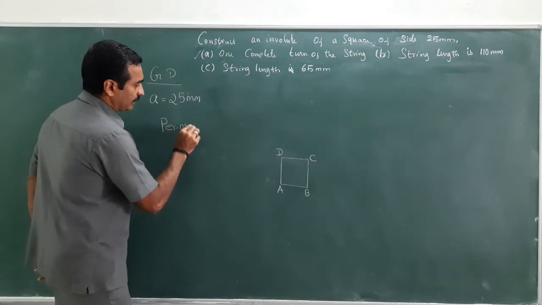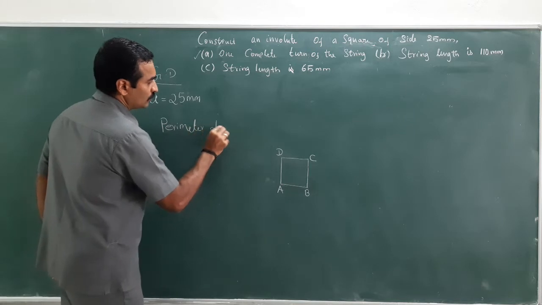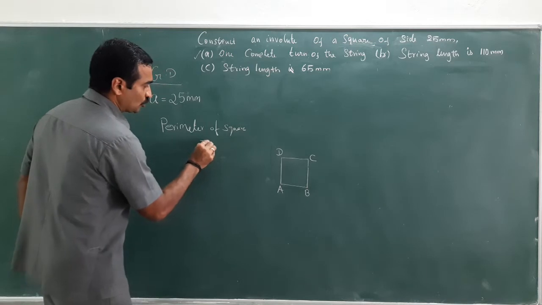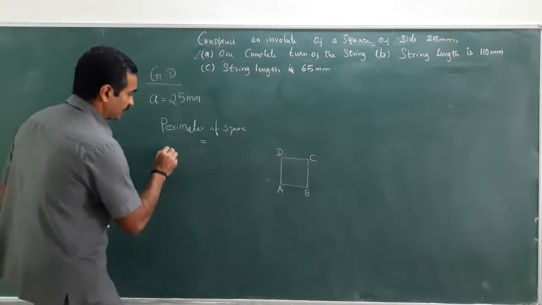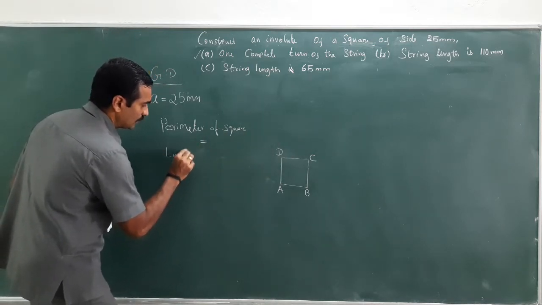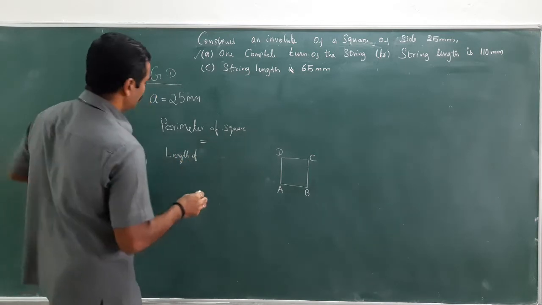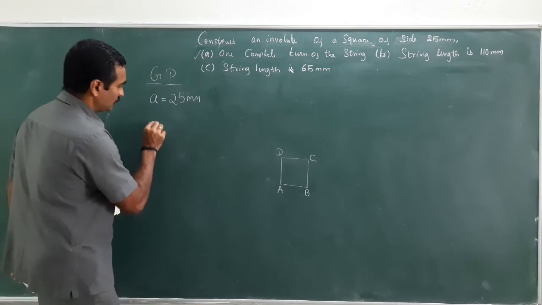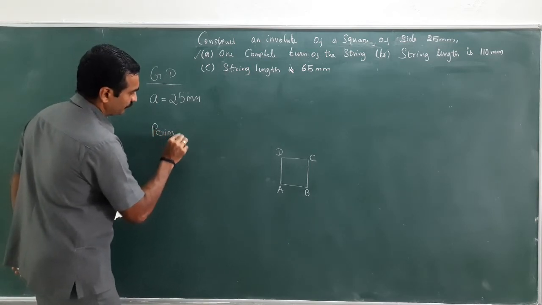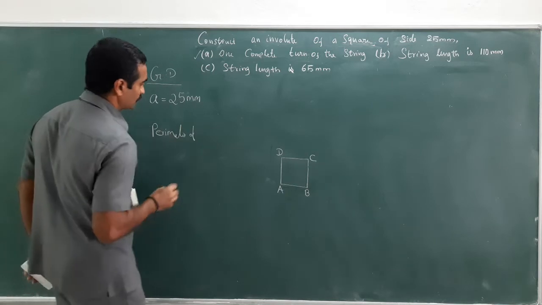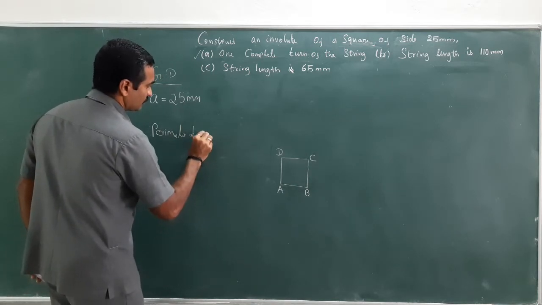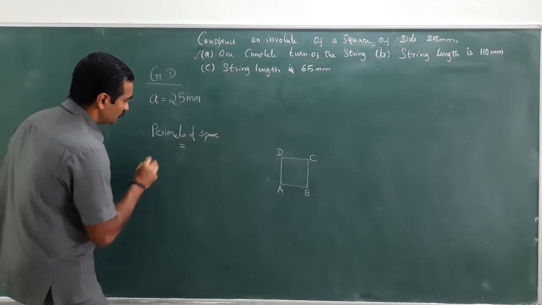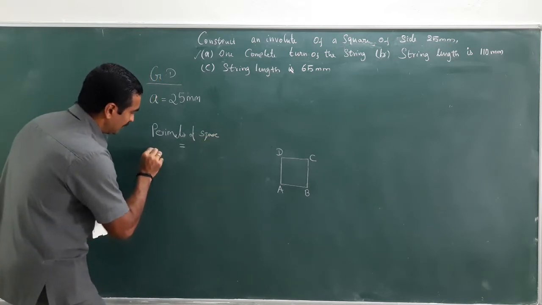The perimeter of the square is equal to the length of the string.